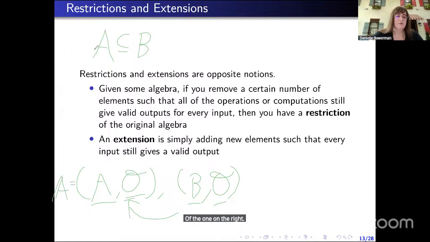So A is a restriction of B, and B is an extension of A. Basically adding or removing data points.